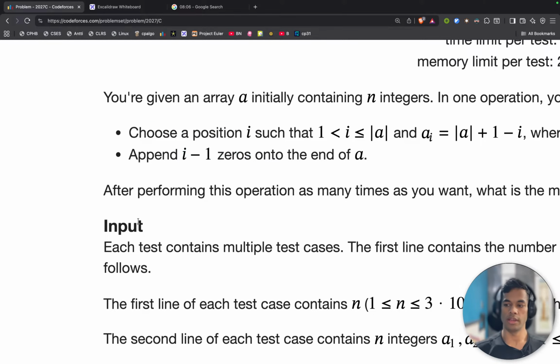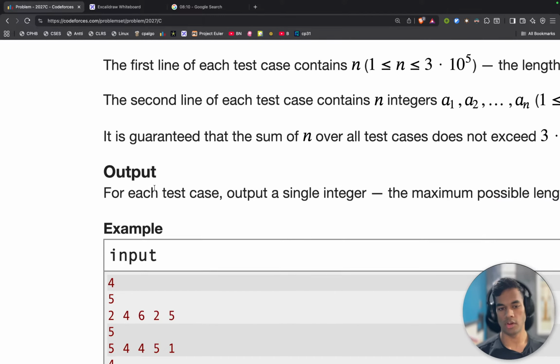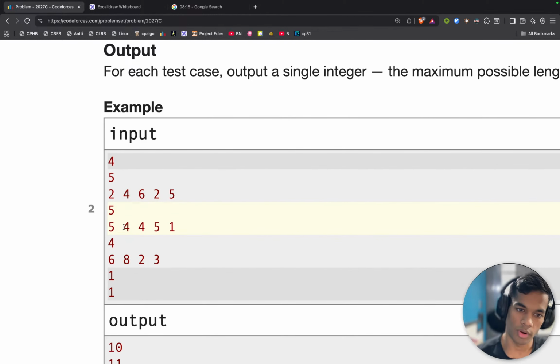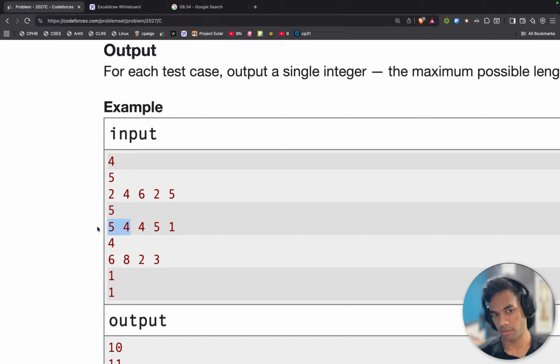And also the new numbers that we add, we cannot apply the operation on them. Like for this 4, we can directly apply the operation, which will add a 1 there, and then we can apply the operation on this 4, which will add 2 elements to the right.